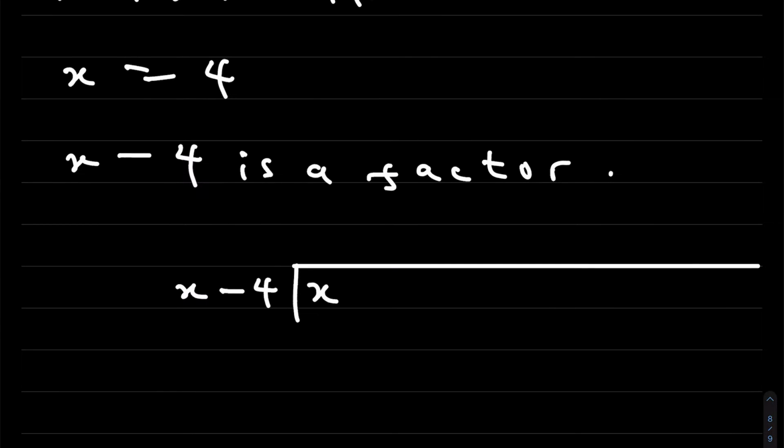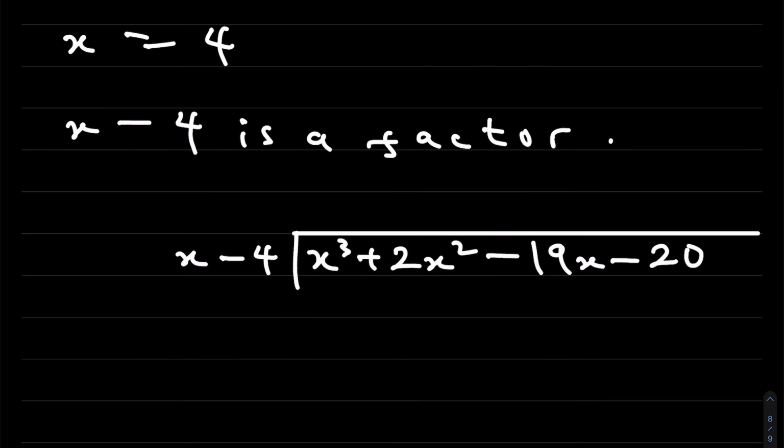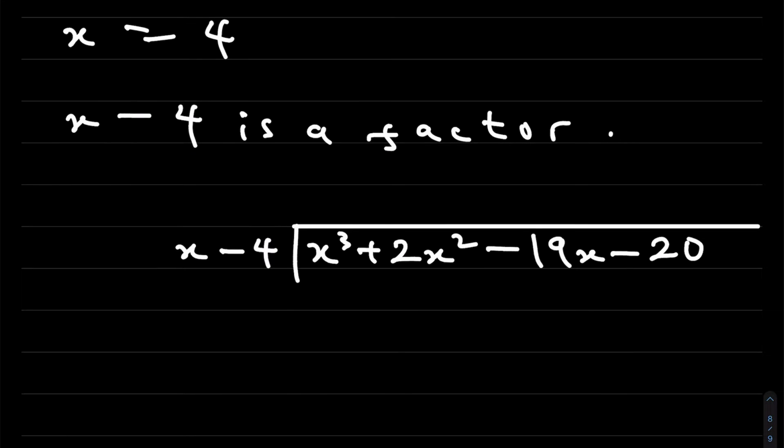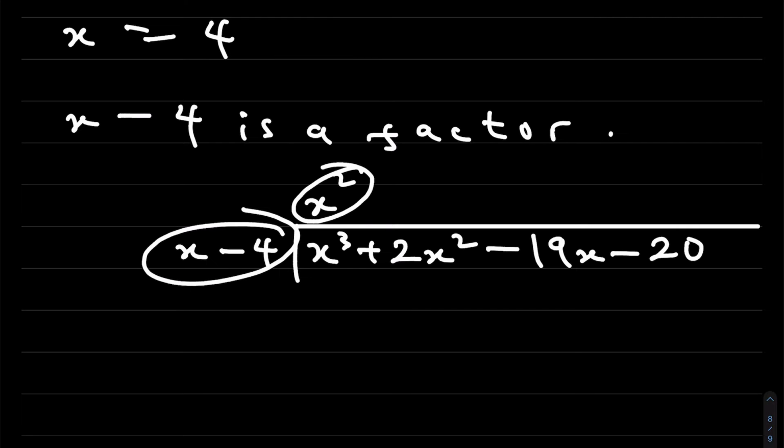So x cubed plus 2x squared minus 19x minus 20. X cubed divided by x is x squared, and we multiply the whole of this by x squared.